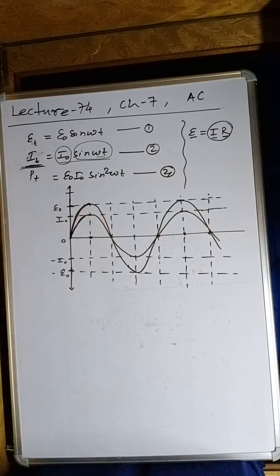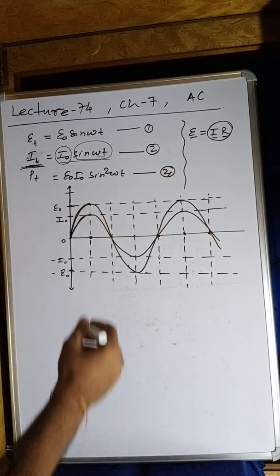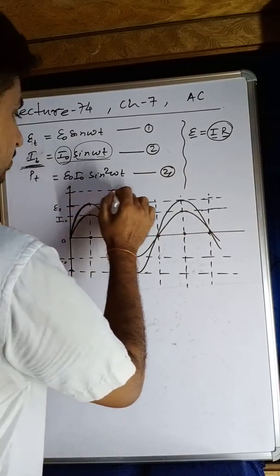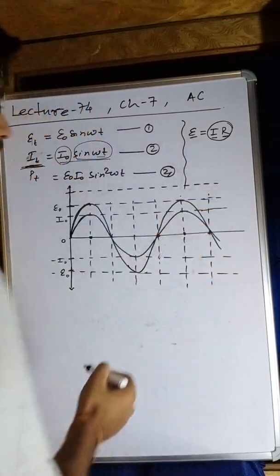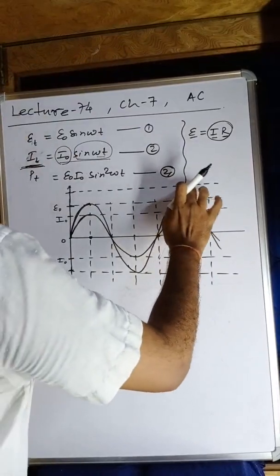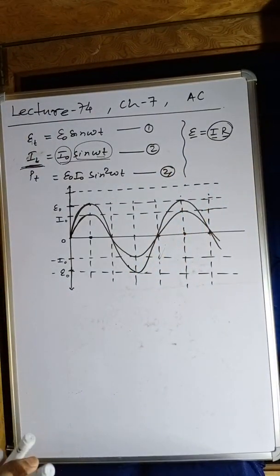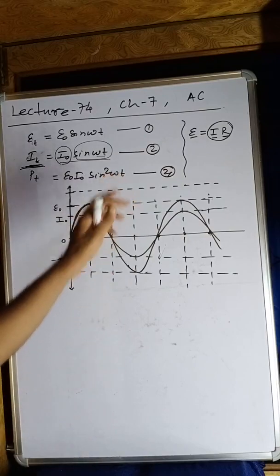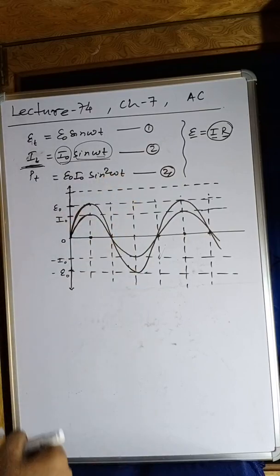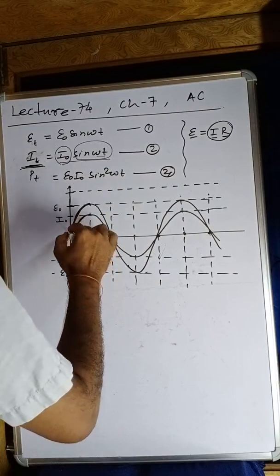For each cycle it remains above the reference axis, but its phase will be the same, omega t.